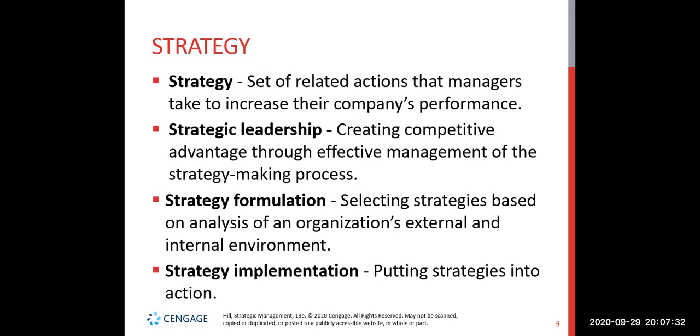And strategy implementation is putting those strategies into action. It includes designing, delivering, and supporting products, improving the efficiency and effectiveness of operations, and designing the organization structure, control system, and culture of the company.